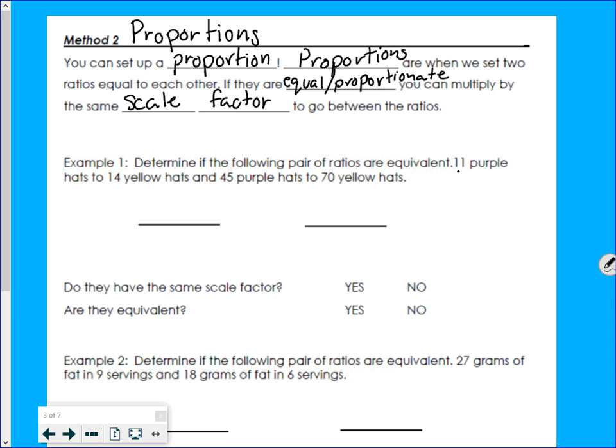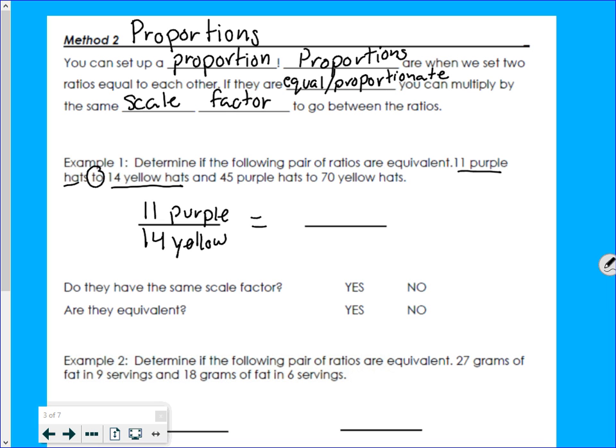So if you're looking at these ratios, we have 11 purple hats to 14 yellow hats. So our numerator is 11 purple, and our denominator is 14 yellow.